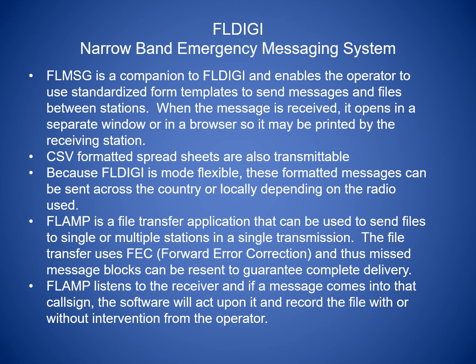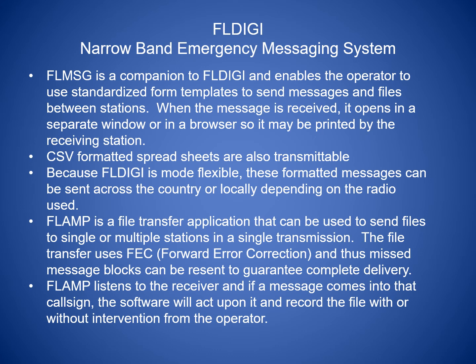FL Amp is a file transfer application, and it is used to send files, single files or multiple files, to single stations or multiple stations at once. You just type in the call signs of the stations, and the stations out there are listening. If a message is sent, they all receive it, or one receives it, depending on how you have formatted the message.